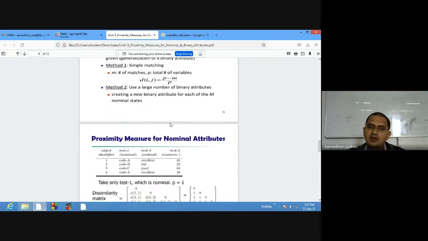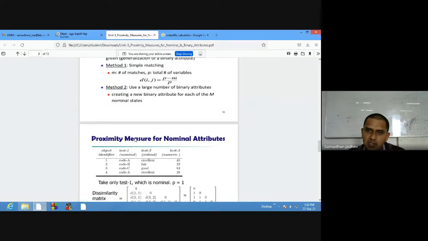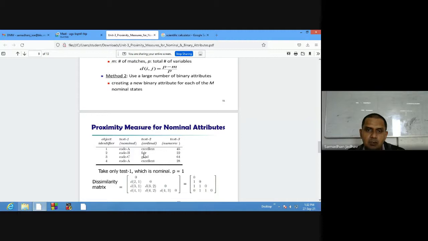Number of matches of object i with object j, that is, in how many attributes the values of object i and object j match. Here we have only one attribute, so see if we match object 1 with object 2, there is no matching. So m is 0 for objects 1 and 2. For 1 and 3, it is again A and C, so 0. For 1 and 4, it's matching, right? So the number of matches is 1. So let us see what the dissimilarity values will be using only nominal attributes.